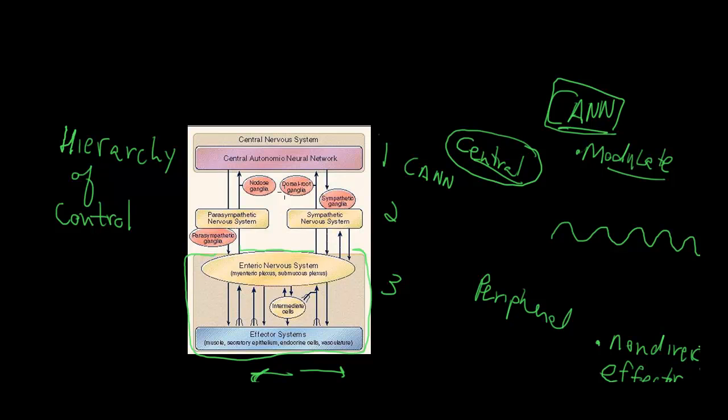Now we're going to move on and talk about this lower half. This is the meat and potatoes of the gastrointestinal tract, the enteric nervous system, which has more than 100 million neurons, more than our entire spinal cord. Our entire spinal cord does not have nearly as many neurons.